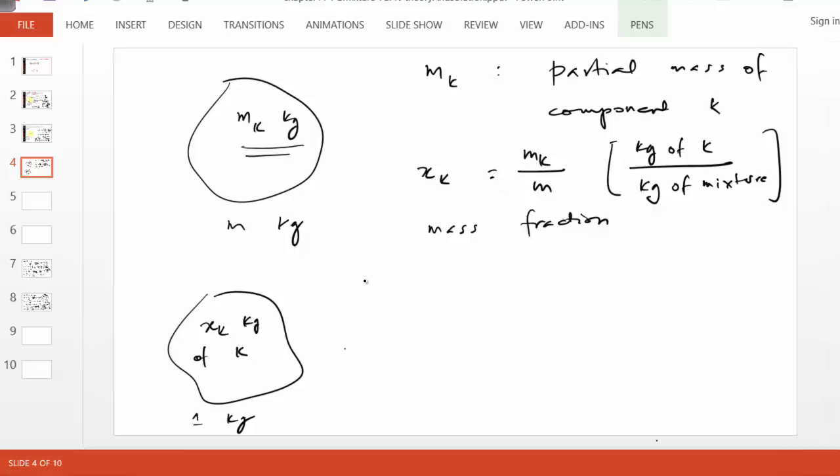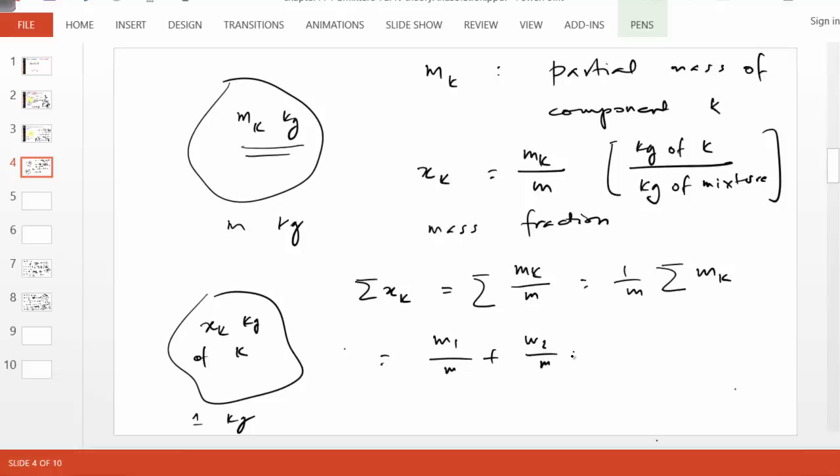And if we sum over all the k's of the mass fraction, we know all the fractions add up to unity, but we can prove it very easily by definition. M is a constant, so it comes out of the summation, just like in an integral. Or if you want to expand and show the same thing, we can write it like this.